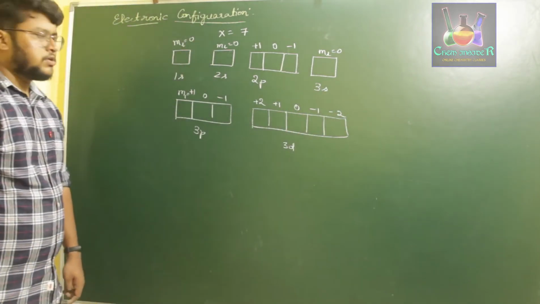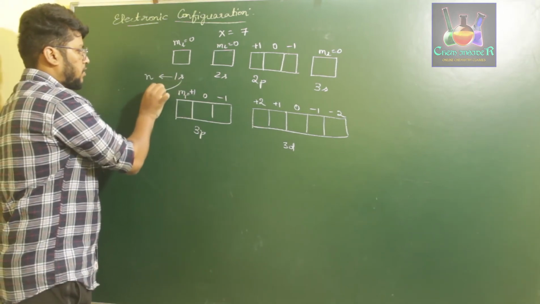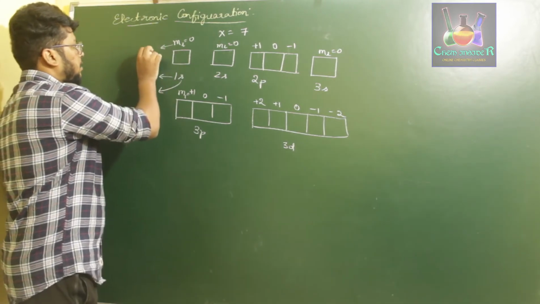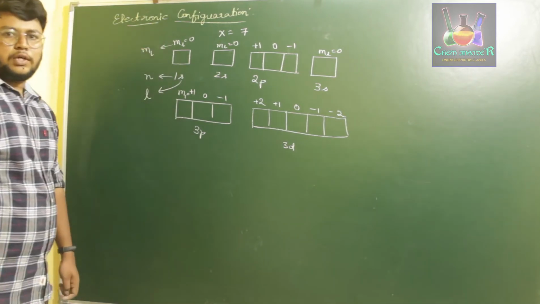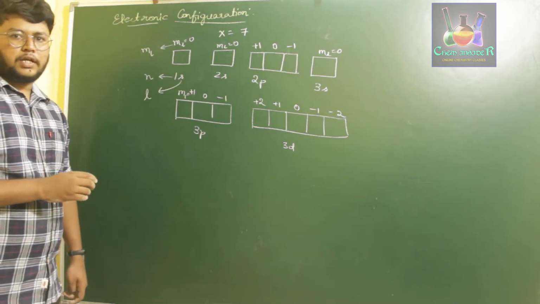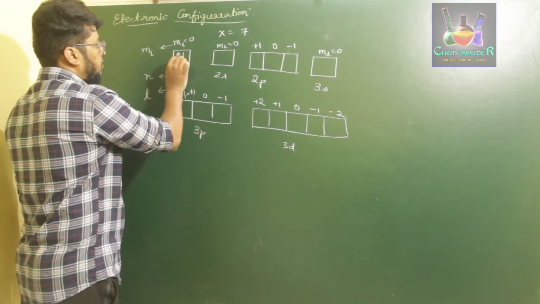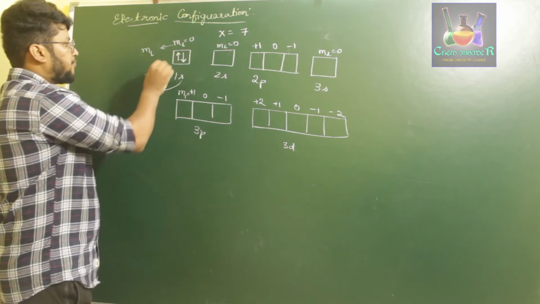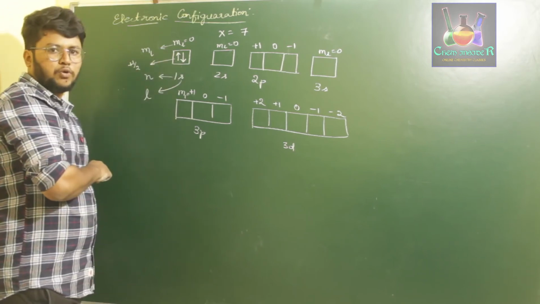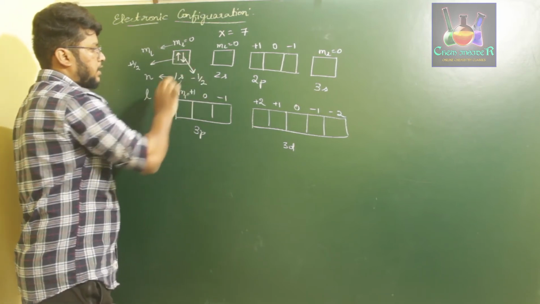Now if you observe here, we are using the principal quantum number n, the azimuthal quantum number L, the magnetic quantum number ml, and for denoting electrons, if an orbital is completely filled, it carries 2 electrons, one with an upward arrow and one with a downward arrow. The upward arrow means +1/2 spin, whereas the downward arrow means -1/2 spin.